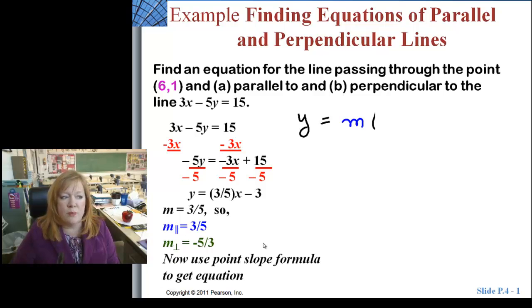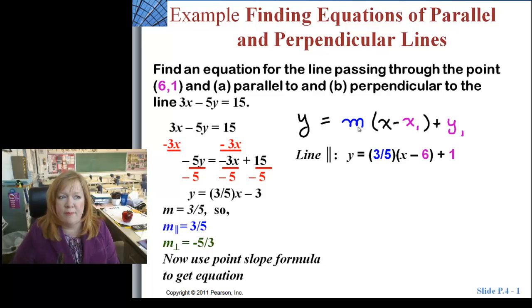So we're going to use the point-slope formula, and here your slope is little m, and you're going to fill in x1, y1, the colored letters here. Slope is going to be 3/5, so we'll replace that m with 3/5. Our point was 6, 1, so we're going to replace x1 with 6 and y1 with 1.